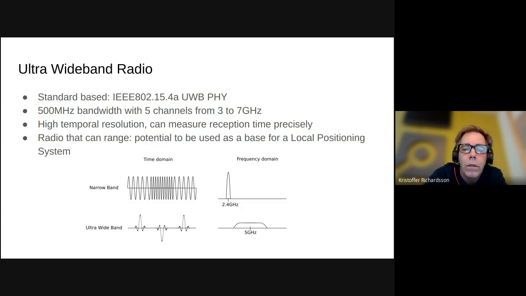So the idea of the wideband radio is that we can very precisely measure when the packet arrives, which means that we can precisely measure the time it takes for a radio packet to travel from one radio to another one. And this is what gives the potential to use ultra wideband for local positioning.